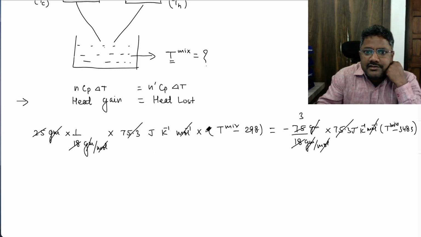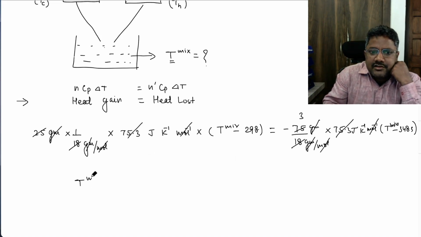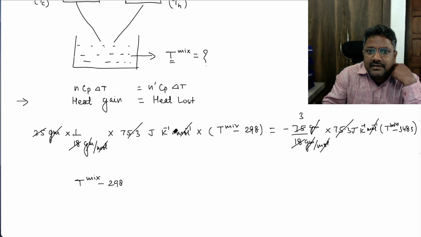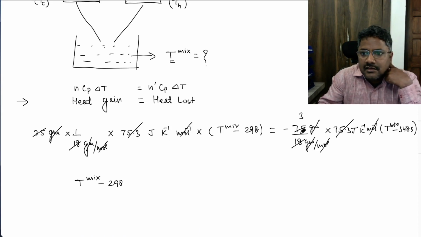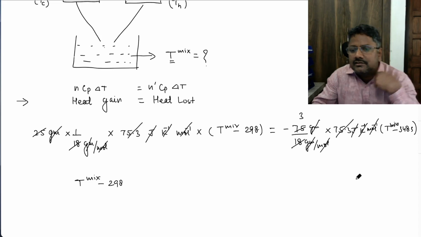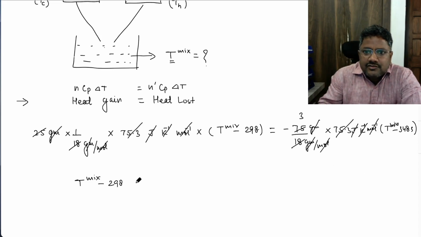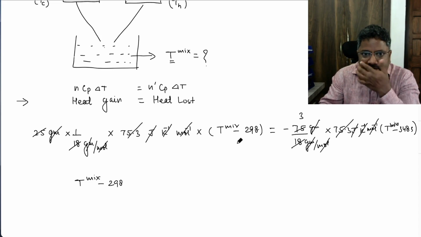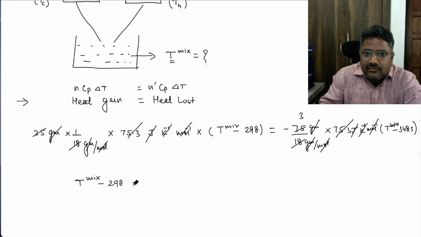Okay, so what is left here? T mixture minus 298 on the left hand side, and joules per Kelvin cancel, right? So T mixture minus 298 is equal to minus 3 T mixture minus 3 into 348.